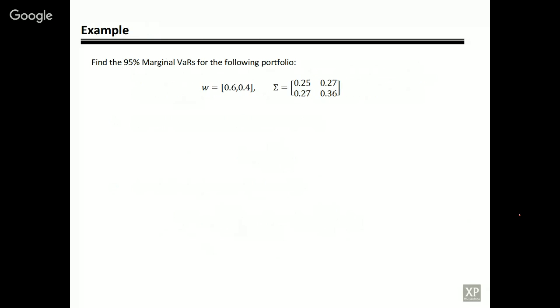So find the 95% marginal VARs for the following portfolio. We want to calculate our marginal VARs.